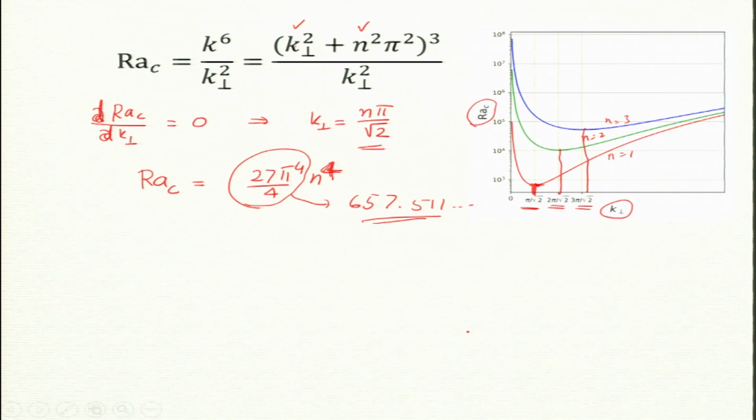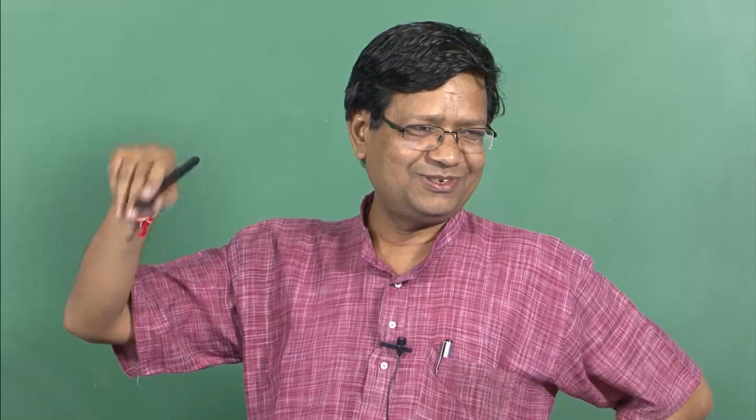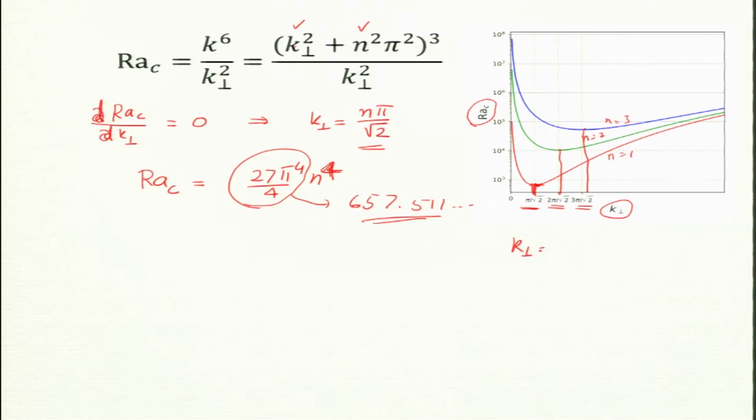Okay. Now, this k_perp also tells you the size of the convection roll, which you studied in, well, it is there in middle school textbooks. So, k_perp is n pi by root 2, with n equal to 1. What should be my wavelength?